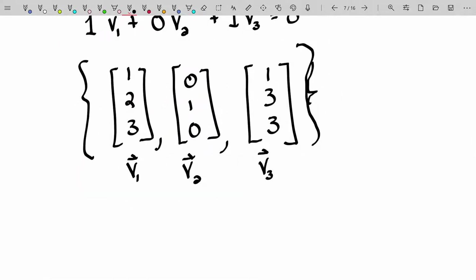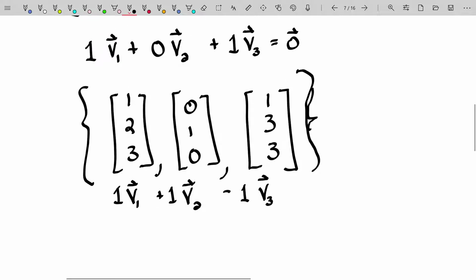Because if I take one of these v1s plus one of these v2s and I subtract off one of these v3s, I promise you that will be 0. And that is because the third vector is actually the sum of the first 2 vectors. So whenever you have a vector in a set of other vectors, and that vector is a linear combination of the other vectors in that set, then that entire set is broken.